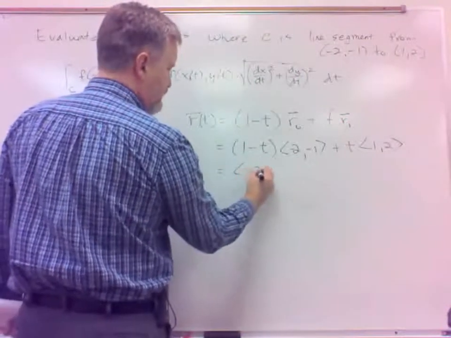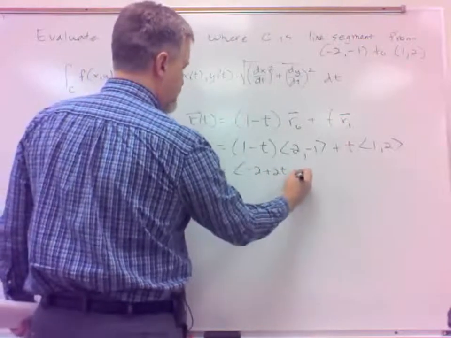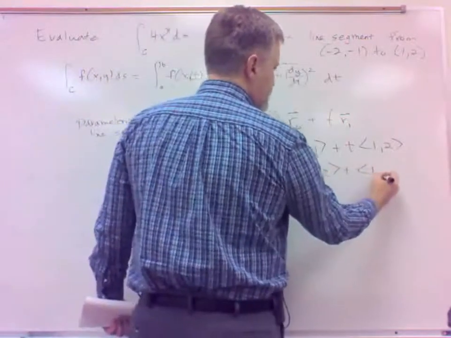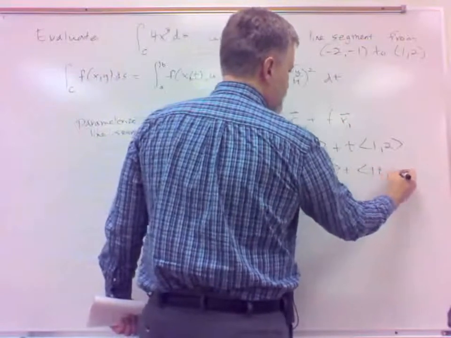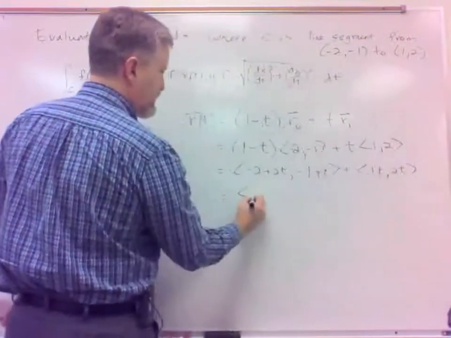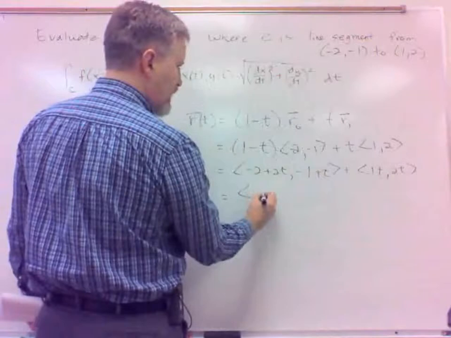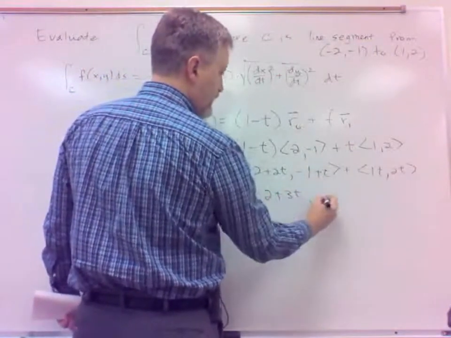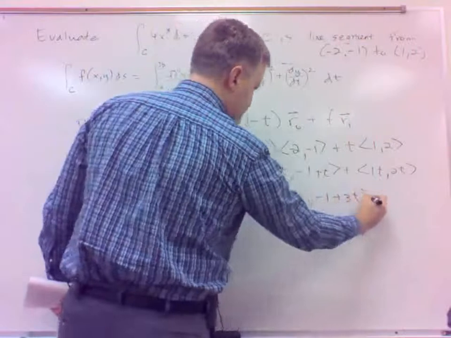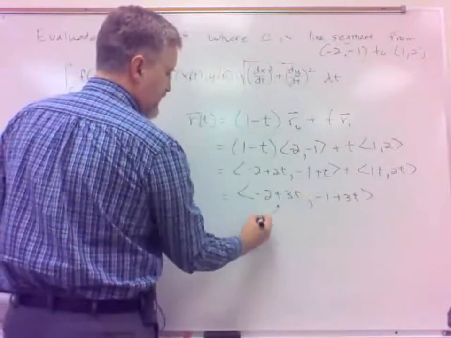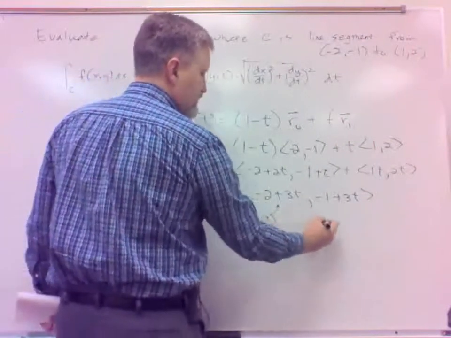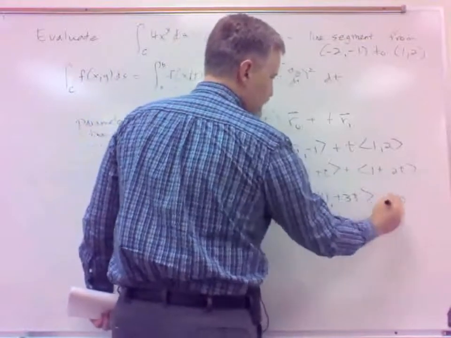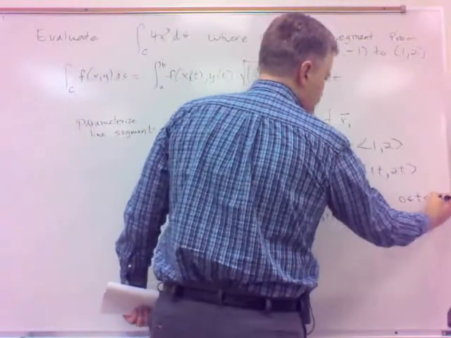That would be negative 2 plus 2t, comma, negative 1 plus t, plus t, 2t. And so that gives us negative 2 plus 3t, and negative 1 plus 3t. We add the components there together. And so that's going to be our x of t, and that's going to be our y of t, and if we do this, these are always from 0 to 1 for t.